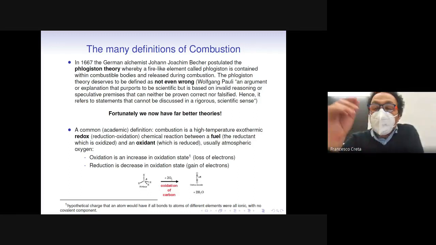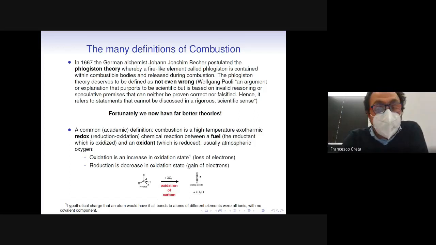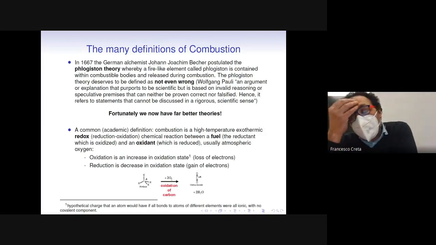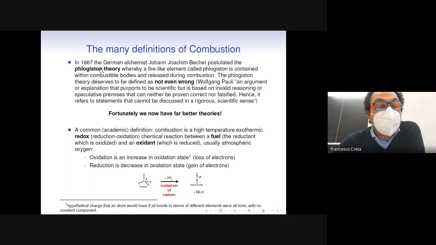Now, first of all, let me tell you that combustion has been a great mystery for many, many years. So much so that not long ago, 1667, which in the big context is not a very long time ago, this German alchemist formulated the first combustion theory, which was nothing short of ridiculous.